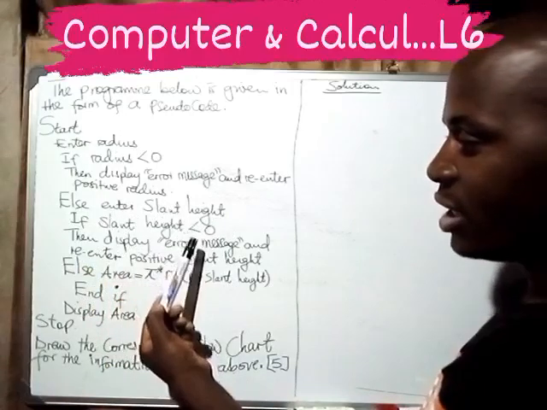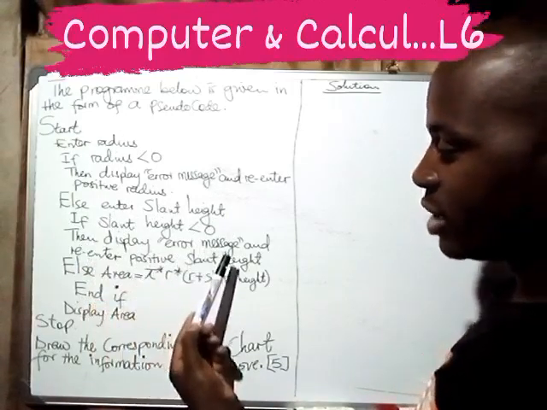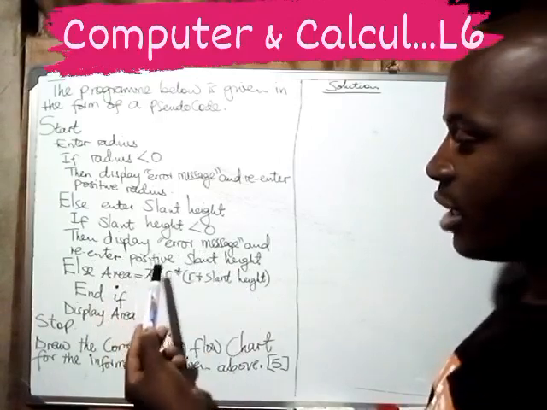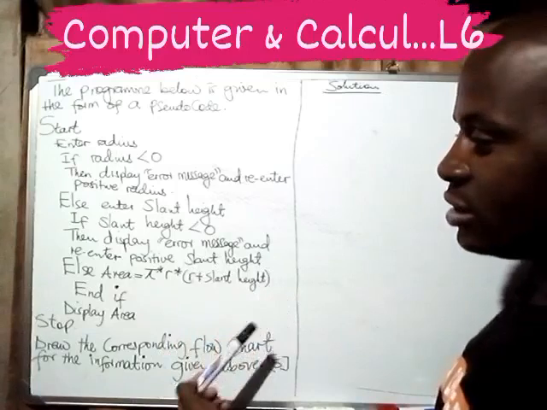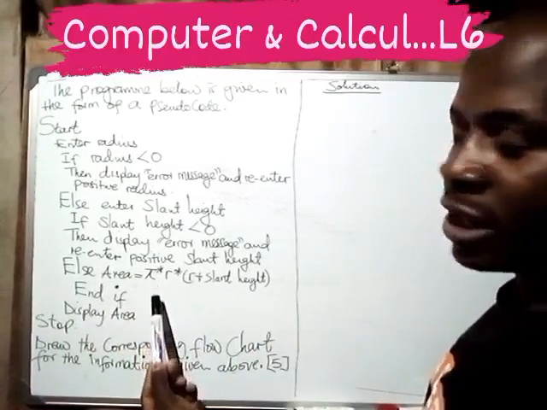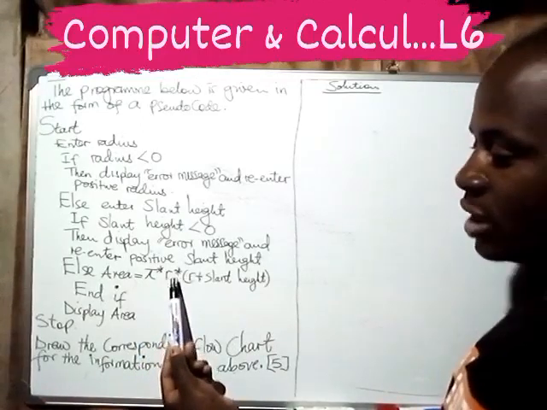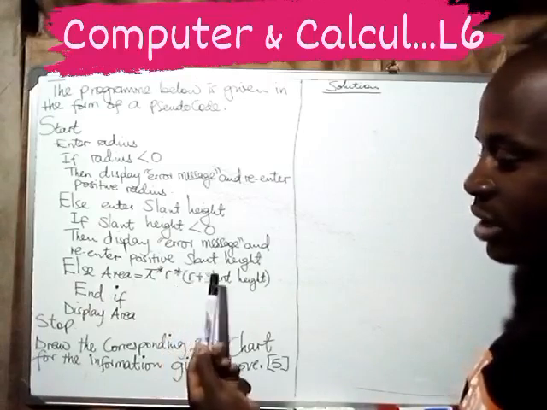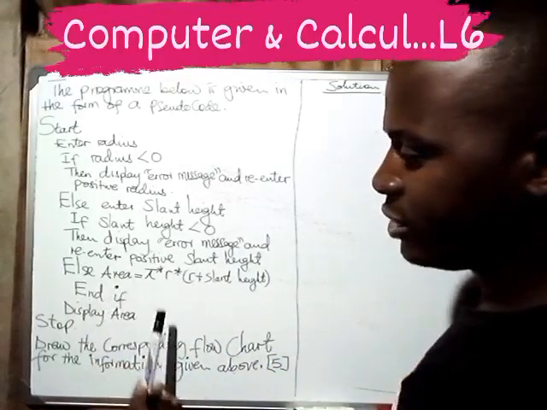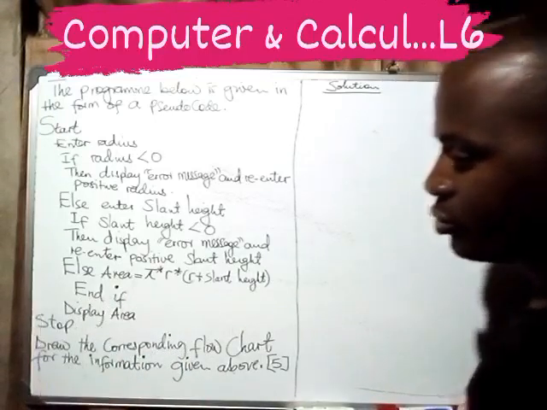If slant height is less than 0, then it displays error message and enter positive slant height. We have else area is equal to pi multiplied by r multiplied by open bracket r plus slant height. Then we are going to end if, display area, stop.